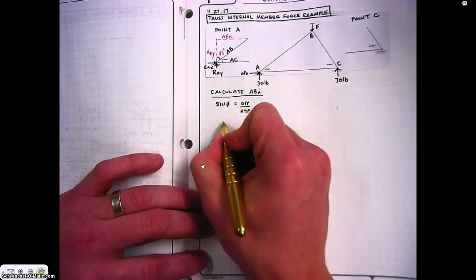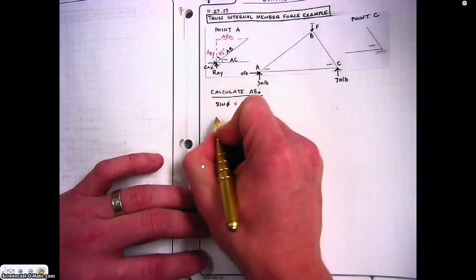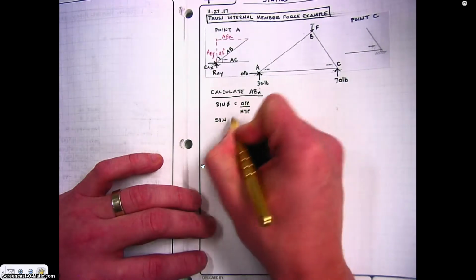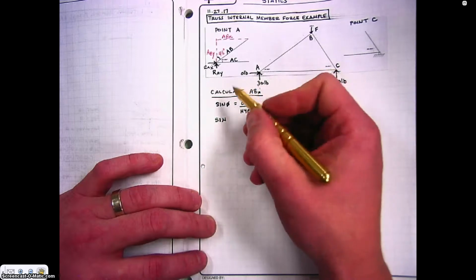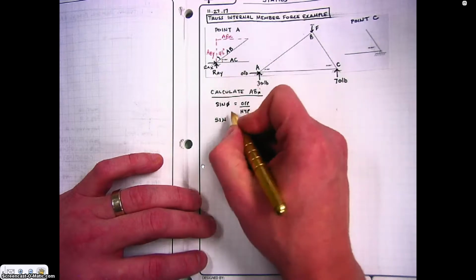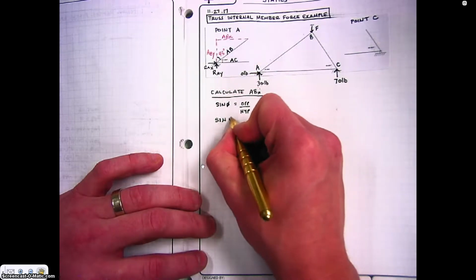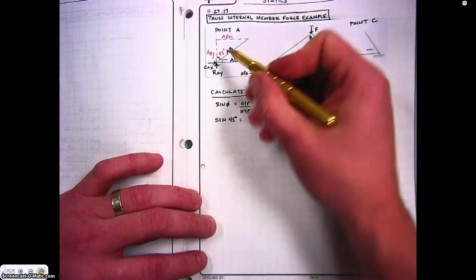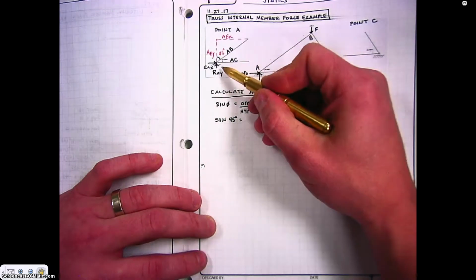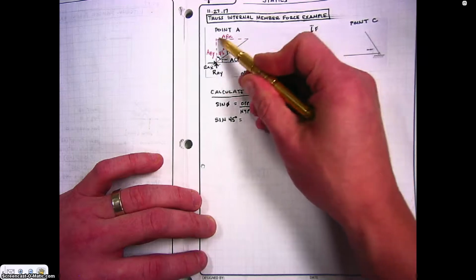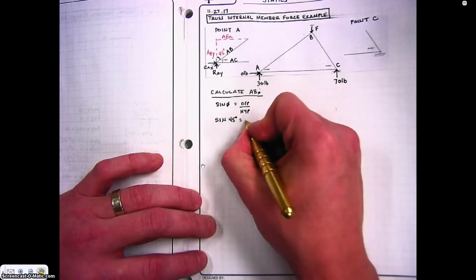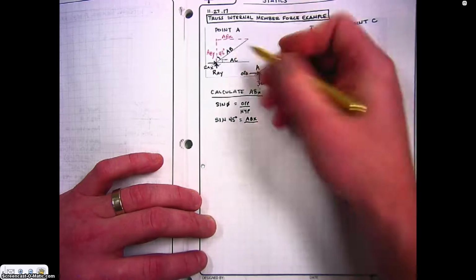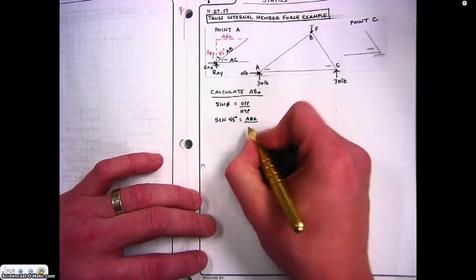Now we'll substitute. What's our angle? It's 45 degrees. So the sine of 45 degrees is equal to the opposite, which in this case is ABX, over the hypotenuse, which is AB.